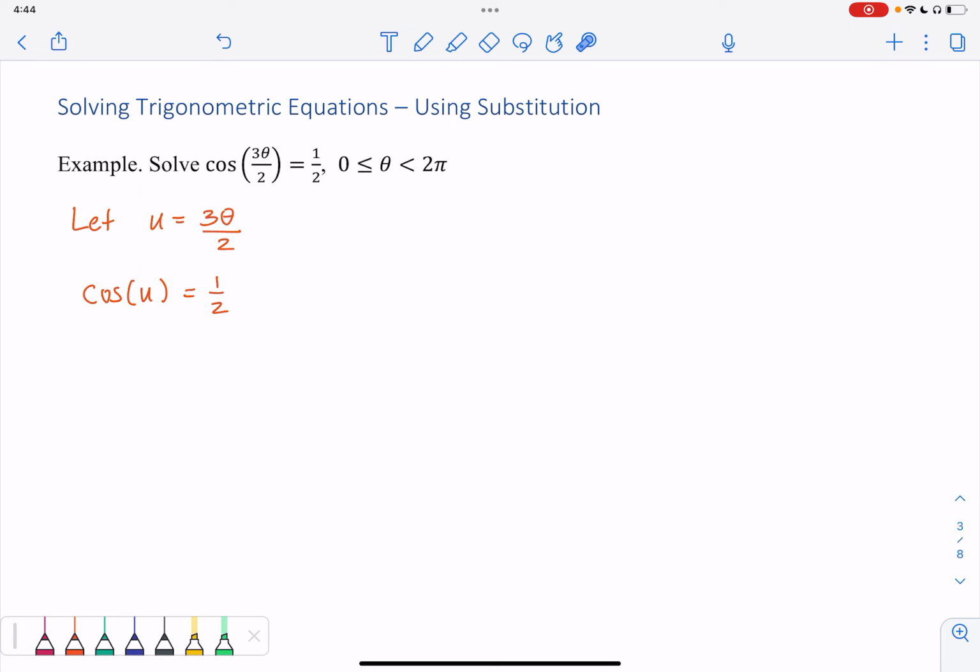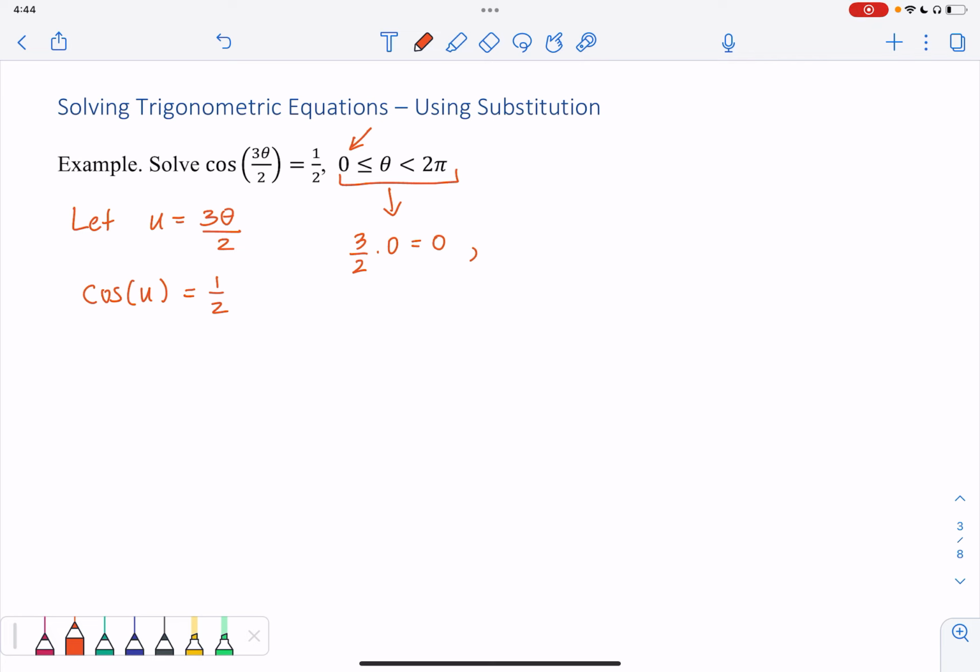The other thing we're going to do is, since we switched our equation over to using u, we're going to switch our constraint to use u. If I plugged in theta equals 0, which is one constraint, 3/2 times 0 is 0.